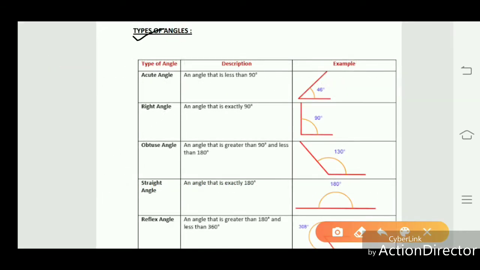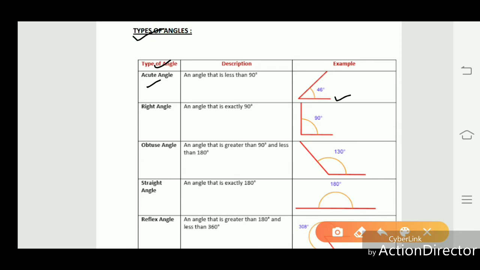Types of angles. Acute angle: an angle that is less than 90 degrees. So an angle between 0 and 90 degrees is known as an acute angle.